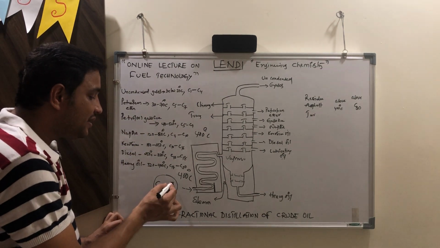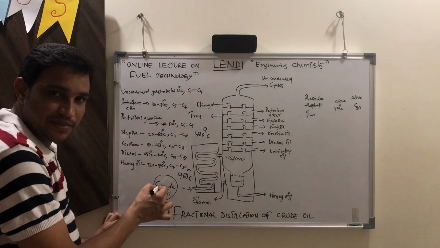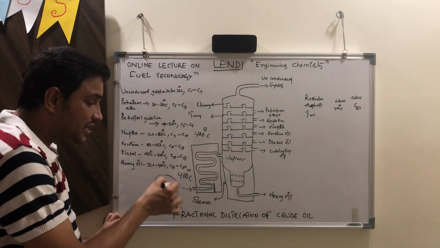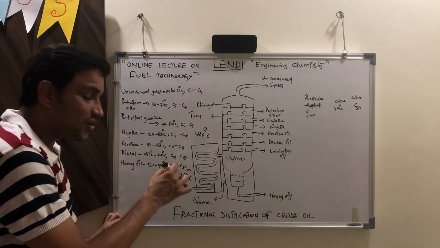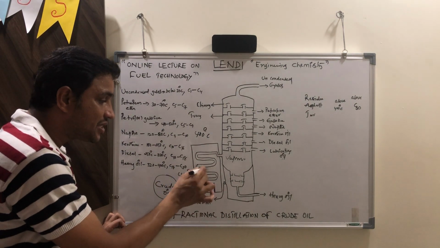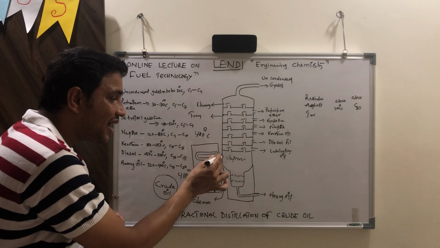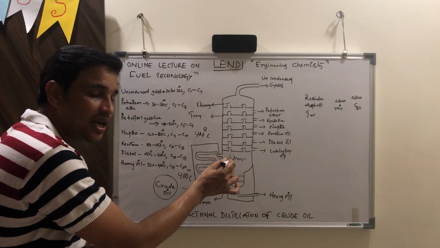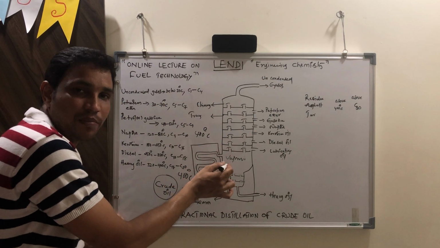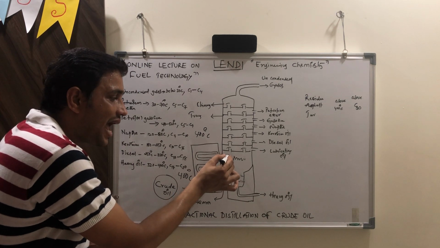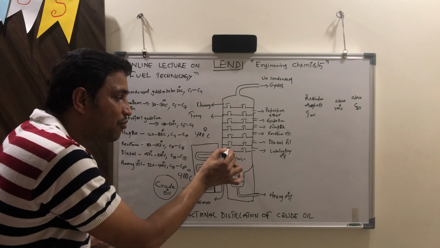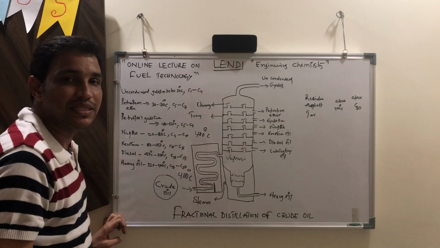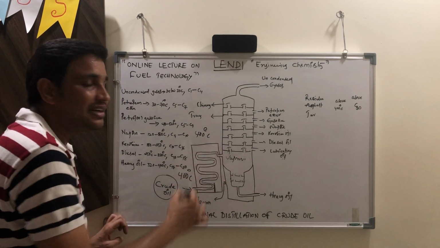So when the crude oil is first subjected to 400 degrees Celsius temperature, the crude oil is in the vapor state. Now the hot vapors enter into the fractional distillation column, where they move upward through the chimneys present at the trays.